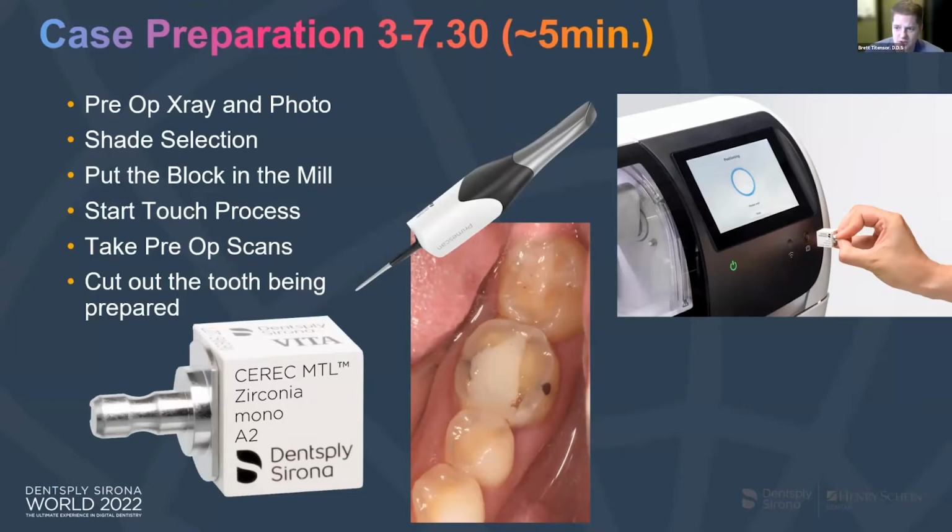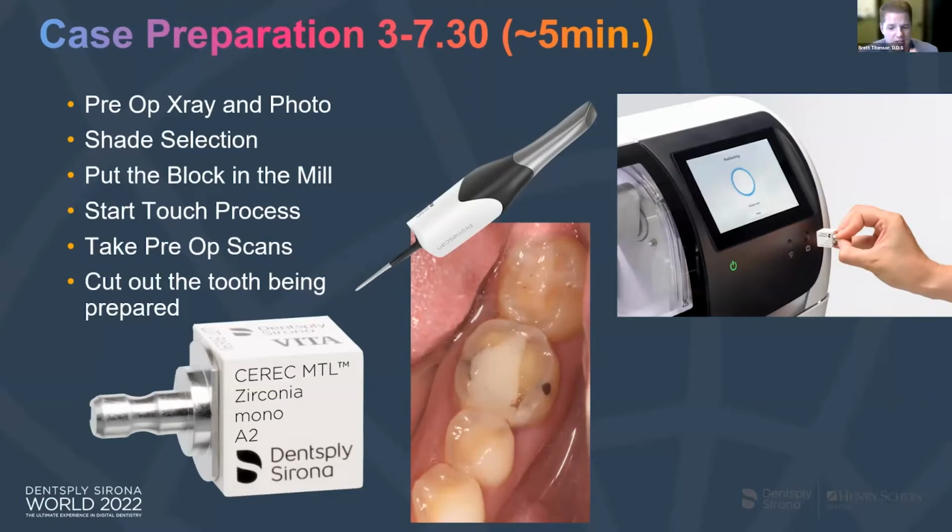So as soon as you design your crown and hit start, it immediately begins milling. So use that time. Don't wait until you fully design the crown and then decide to go put the block in. You just lost 2-3 minutes right there. So while they're numbing, make sure you get the block in and don't forget to start the touch process, so that block is ready to go.